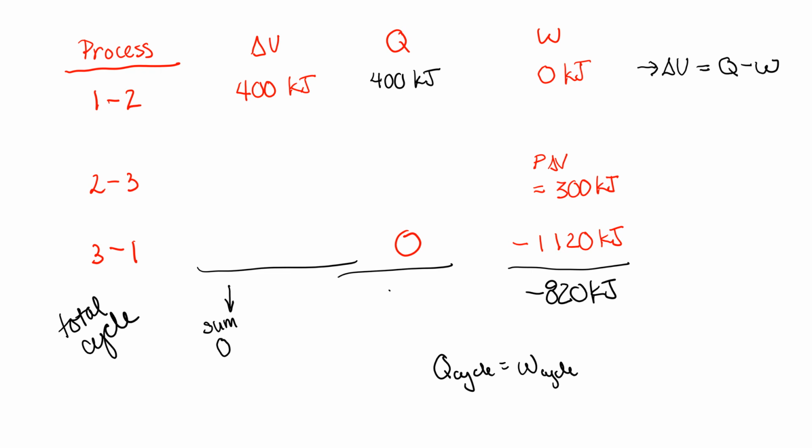So 820 kilojoules of work is done on the cycle, and therefore the entire heat needs to be negative 820 kilojoules, which means if the heat for process 1 to 2 is 400 kilojoules, then the heat transfer for process 2 to 3 has to be negative 1,220 kilojoules.